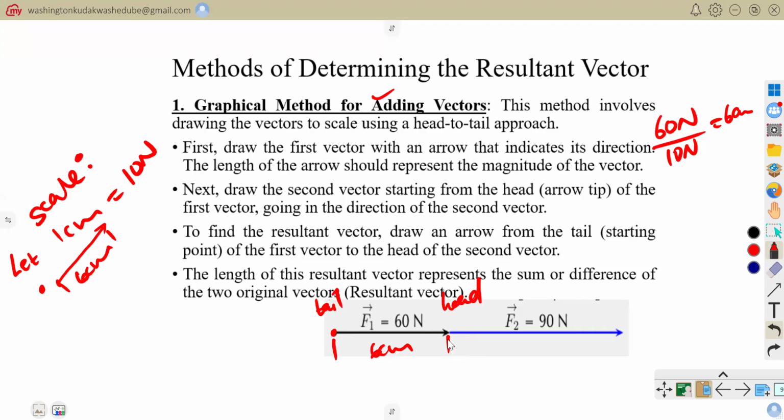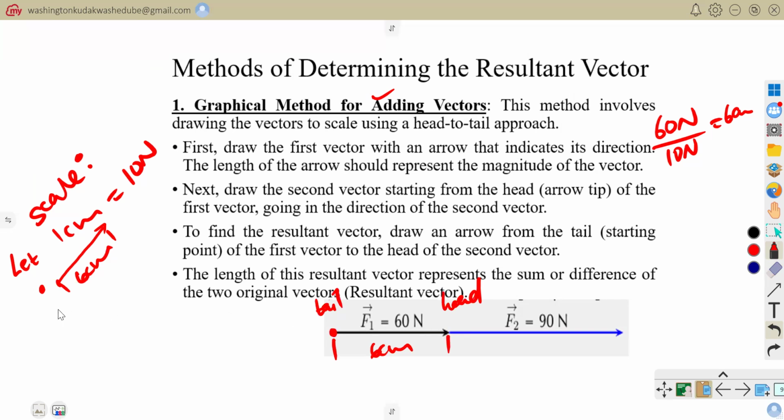The head of the first vector is where you start, because initially you chose your reference point there. After that you drew your first vector. Your second vector's reference point becomes the head of the first vector.